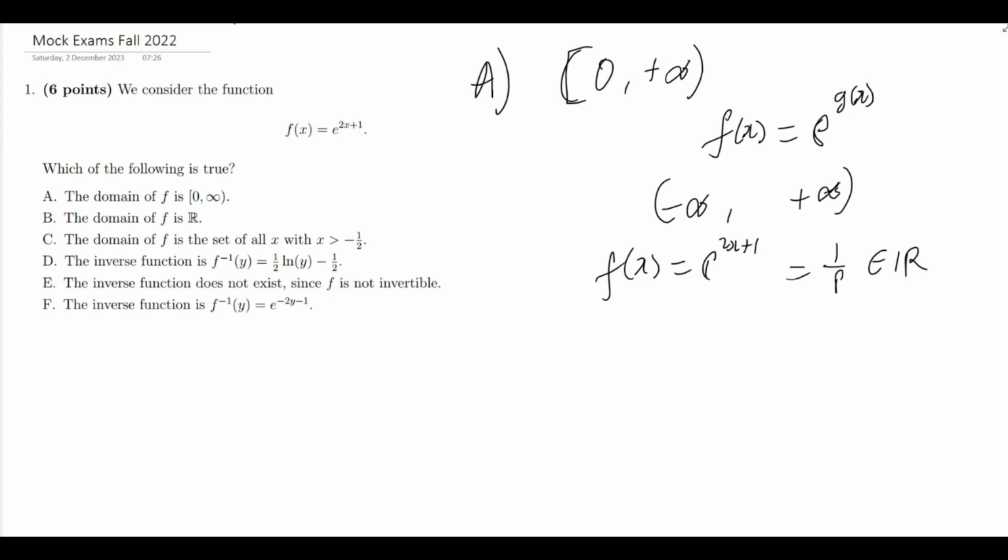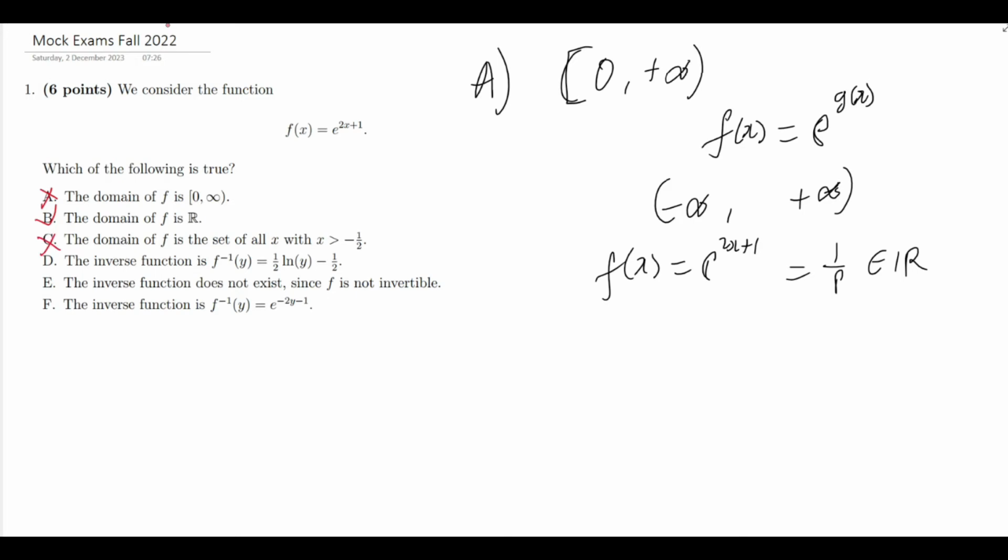This belongs to the set of R. Therefore, option A excludes a region, so option A is wrong. Option B says the domain of our function f is R, which is correct from what I just explained. And option C says the domain of f is the set of all x with x greater than 0. This is wrong.